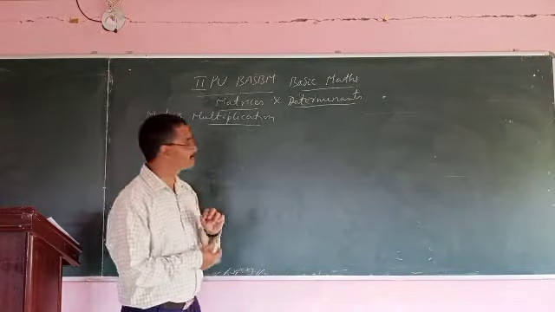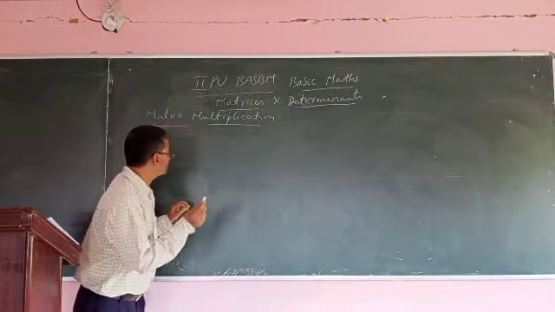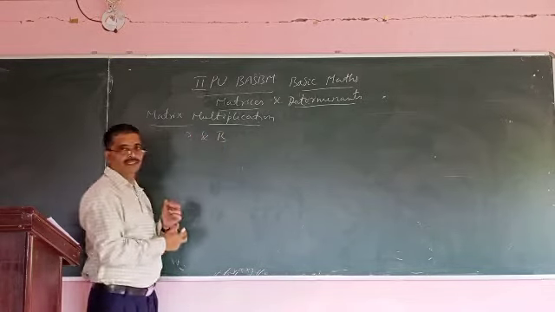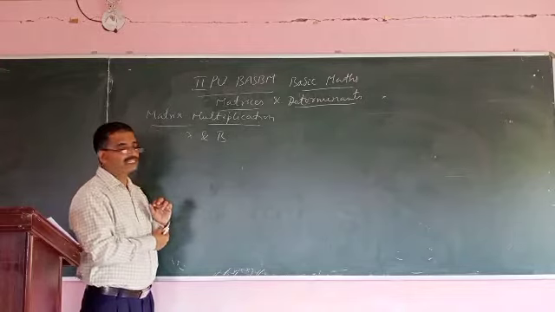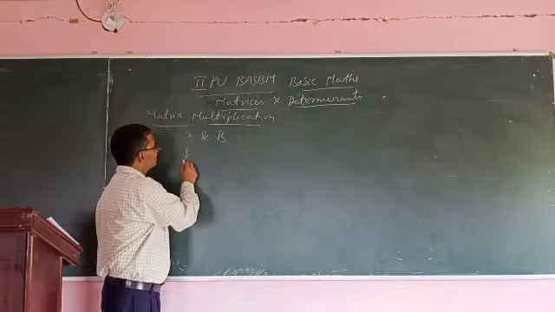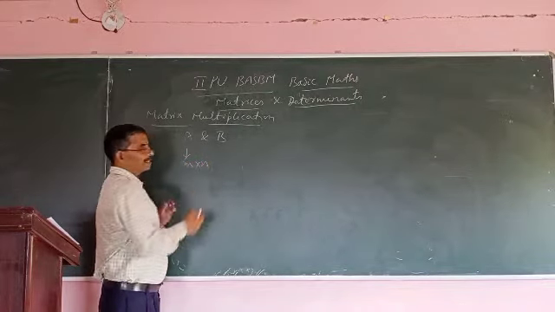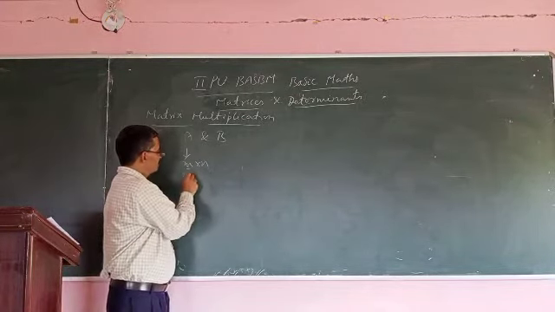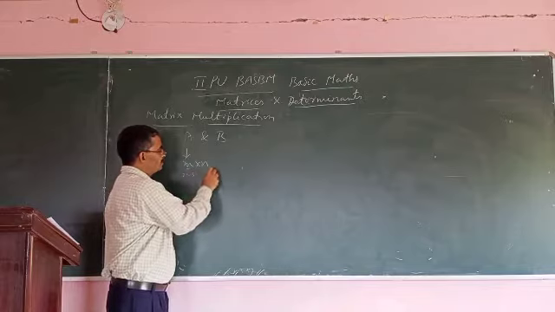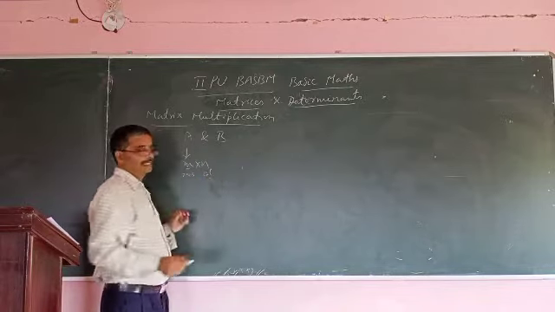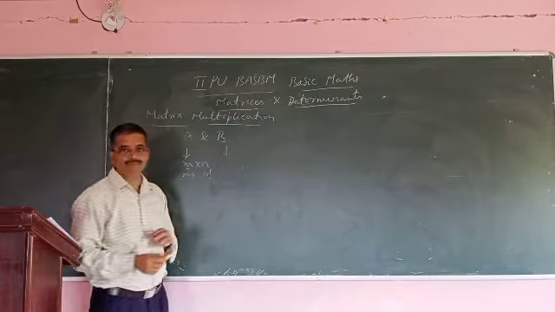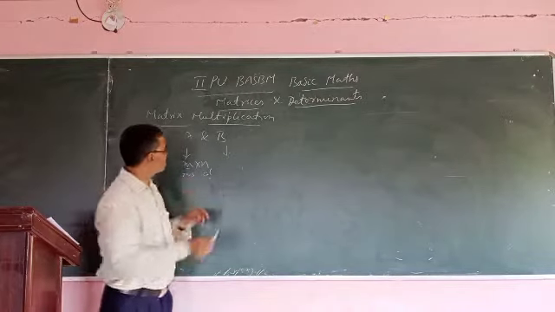If you want to multiply two matrices A and B, say A is of order m cross n, that means there are m rows and n columns, then the matrix B should start with n rows.